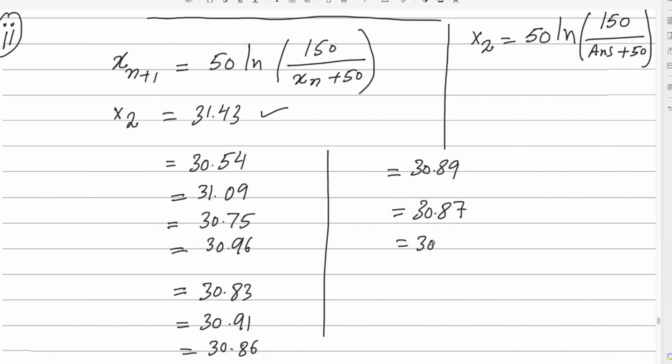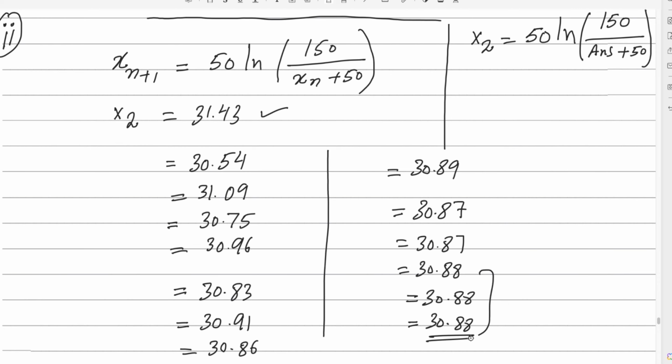You are getting here now 30.87. Again press equal, this is 30.88, and then the next one is 30.88. You can check again by pressing equal, because you are getting the same answer, 30.88. Look here.